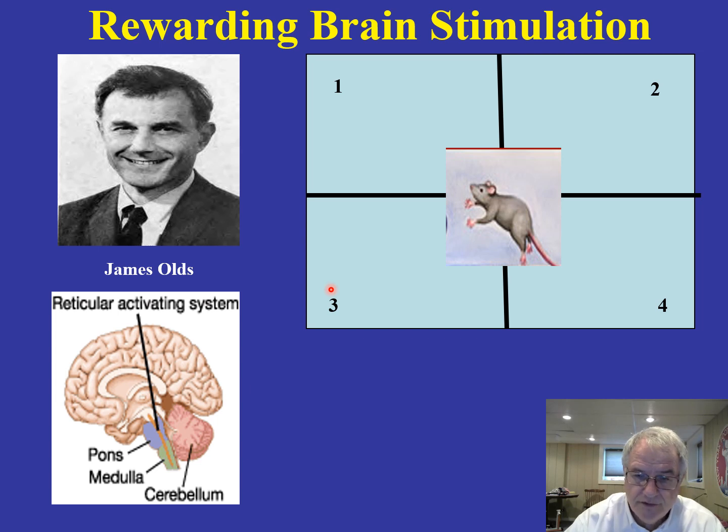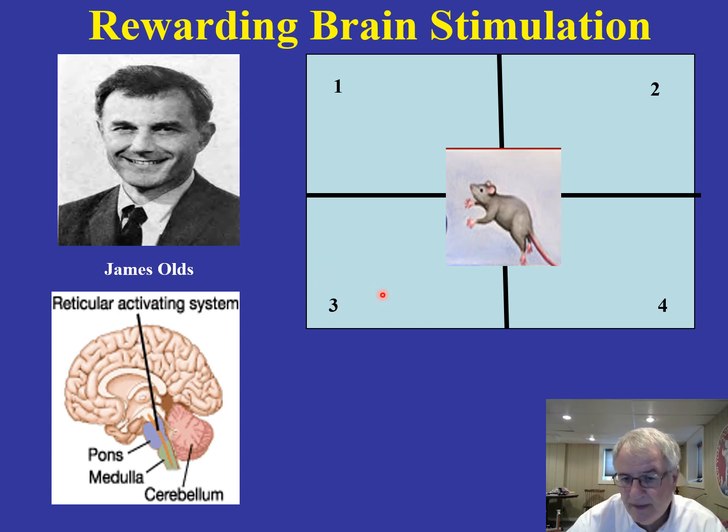What Olds and Milner found was that the animals, even though they received some stimulation here, explored all parts of this chamber and spent an equal amount of time in here and here and here and here, which indicated to them that this stimulation was not having a negative or aversive effect, because they thought that the animal would probably avoid this area if that stimulation was producing a painful negative effect.